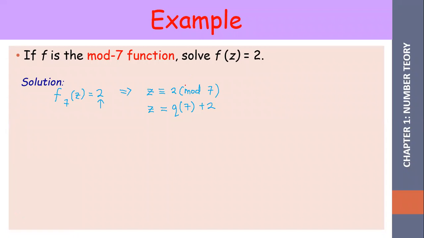Division algorithm: m is equal to qn plus r. This we call congruence, which is modular arithmetic. This means you are going to use the division algorithm throughout this chapter.